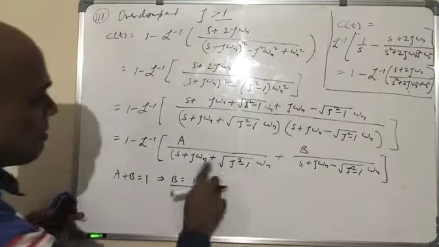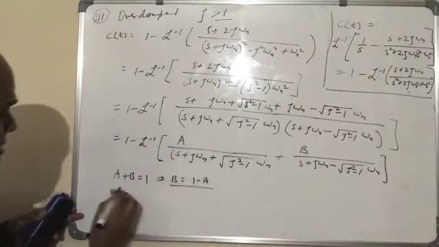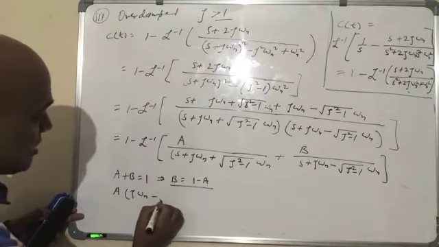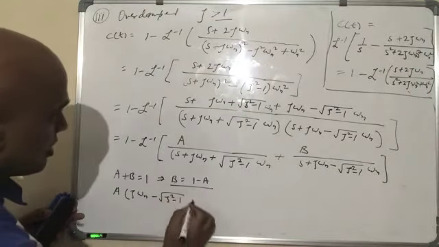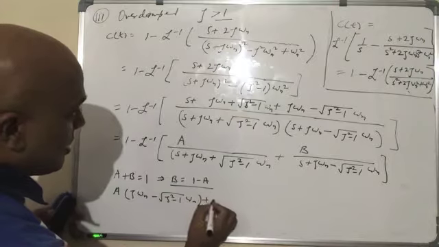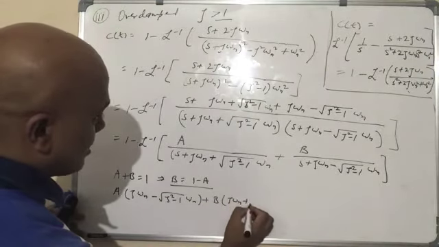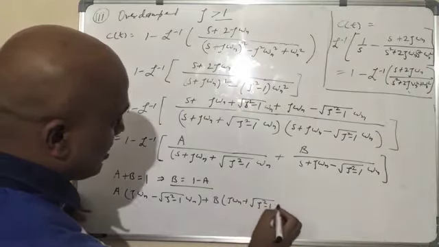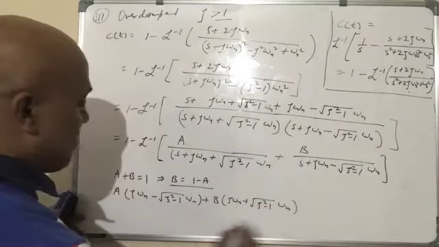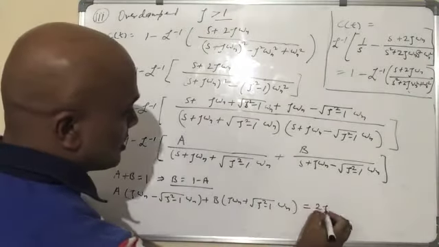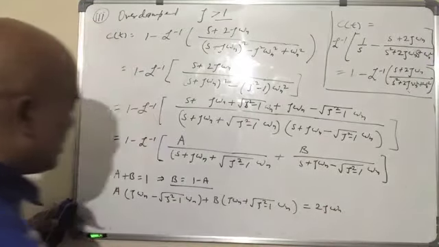The second thing is, we get A times zeta omega n minus root zeta square minus 1 omega n plus B times zeta omega n plus root zeta square minus 1 omega n is equal to 2 zeta omega n, right?